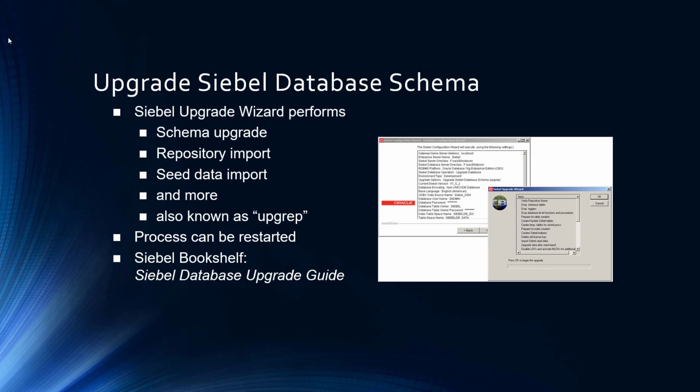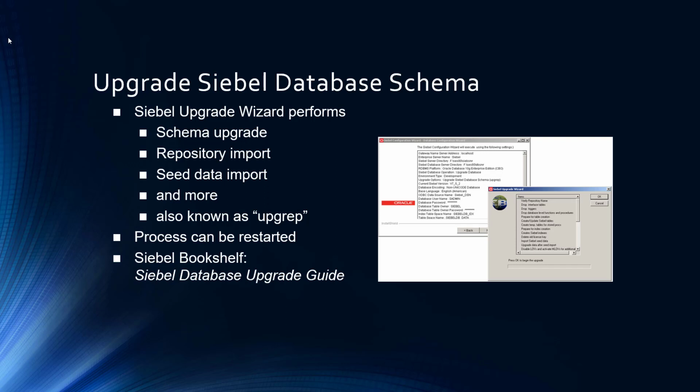Indexes are created and modified, followed by an import of 3 repositories to prepare for the merge into what is called the new customer repository. Also, seed data that is necessary for operating the latest Siebel version is imported, and more steps are executed than listed here. This process is commonly known over the past years as UPG rep or upgrade repository.